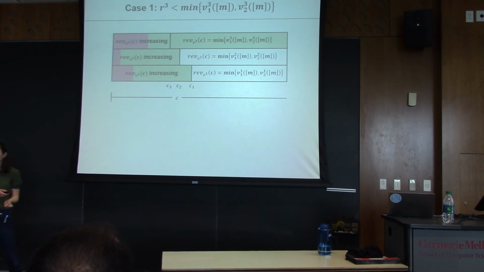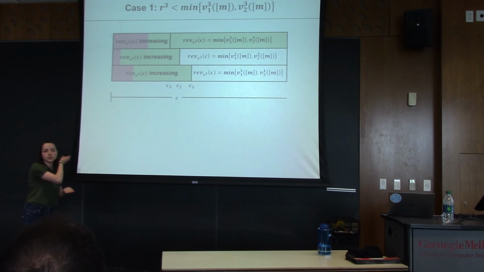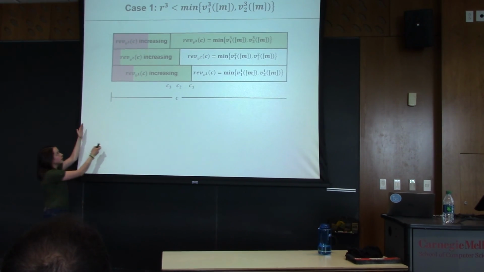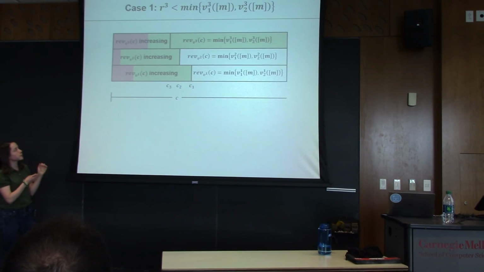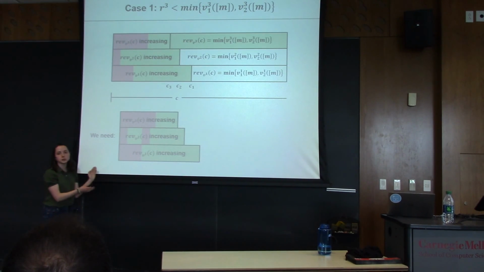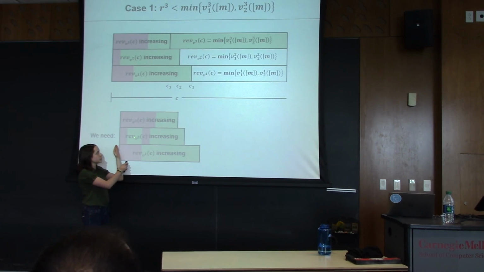But we're missing one labeling, right? Because if this sample is shatterable, then somewhere in this region there has to be a labeling 0, 0, 0, 1. That's what we're missing.